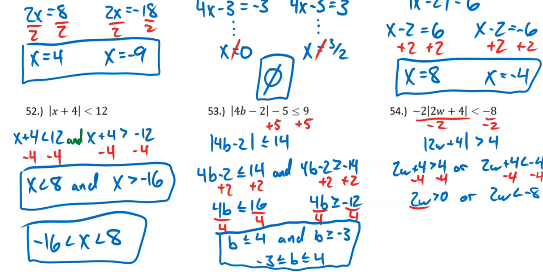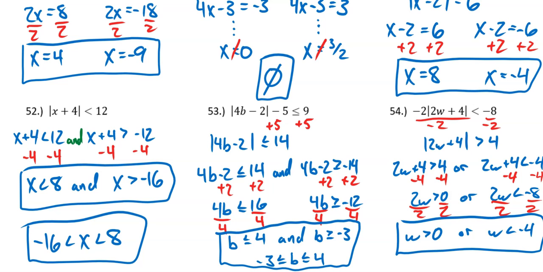And divide. So I've got w is greater than 0 or w is less than a negative 4. And you cannot rewrite this as one kind of string of characters like we can with the and. You have to leave it separated with that word or in between. Okay?